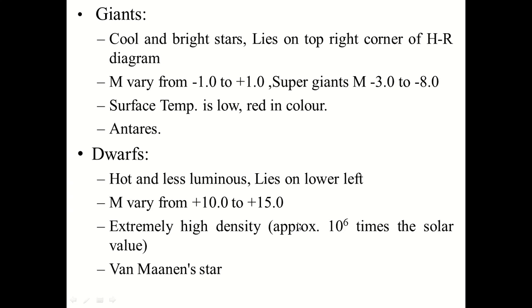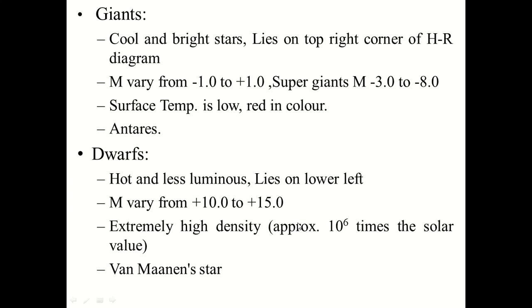But for giants and supergiants, and also for dwarfs, the fuel is almost finished, or they are in the dying stages. That's why they do not show any relationship between temperature and luminosity.